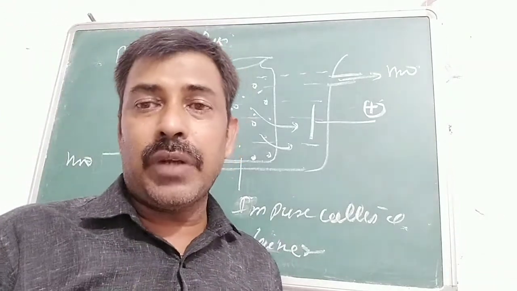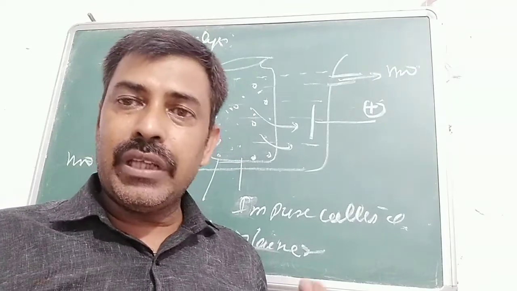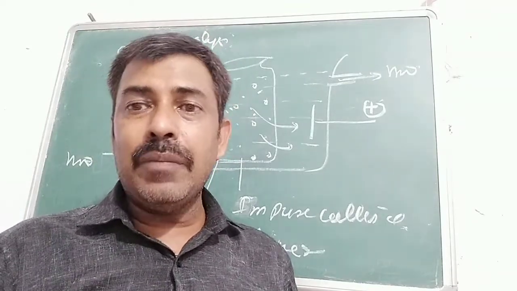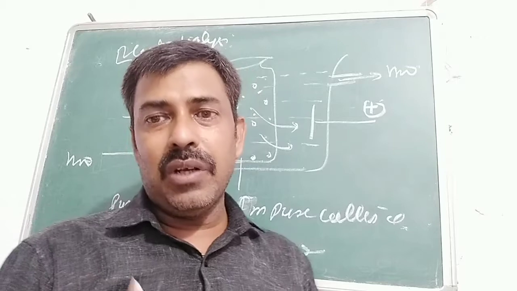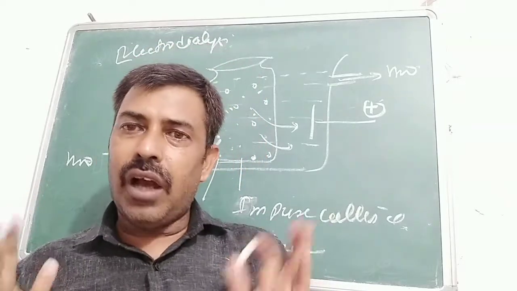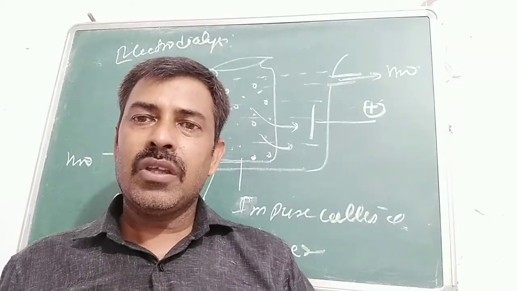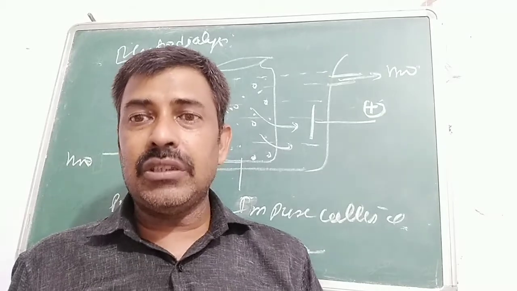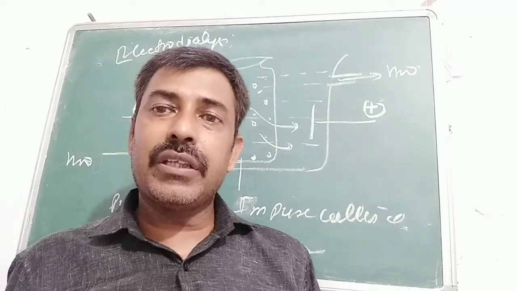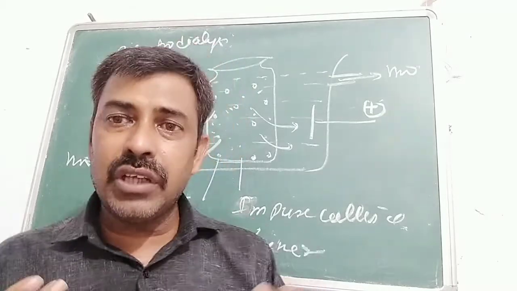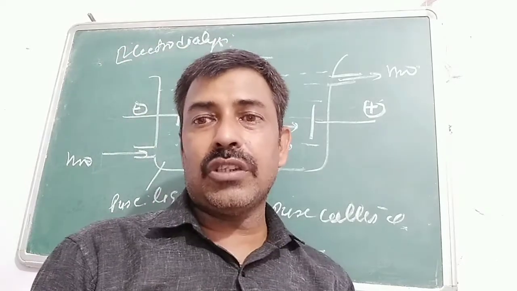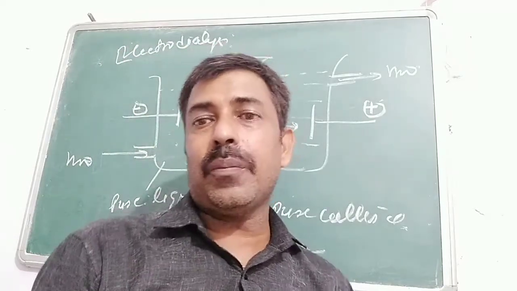The process of dialysis will speed up, and the time needed will become less. So this is also a process of dialysis, only the rate of the process increases. This is the improved method for the process of dialysis.